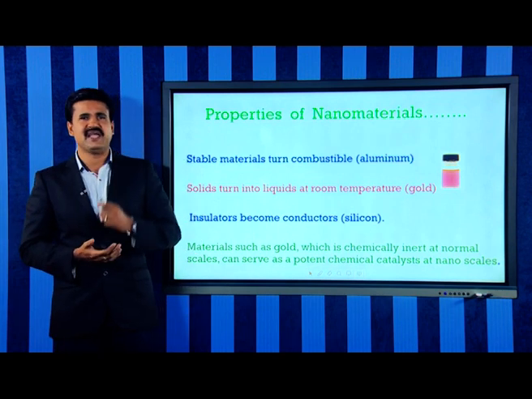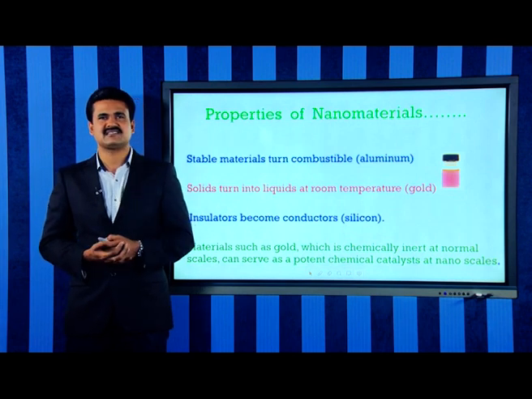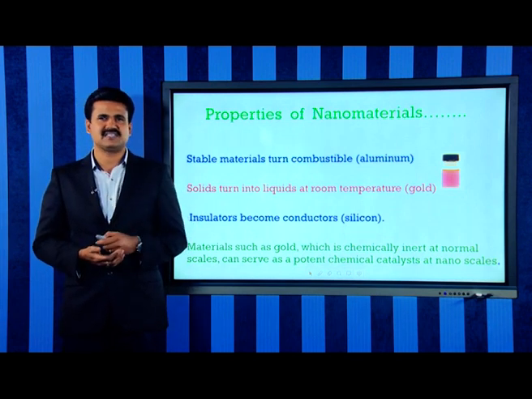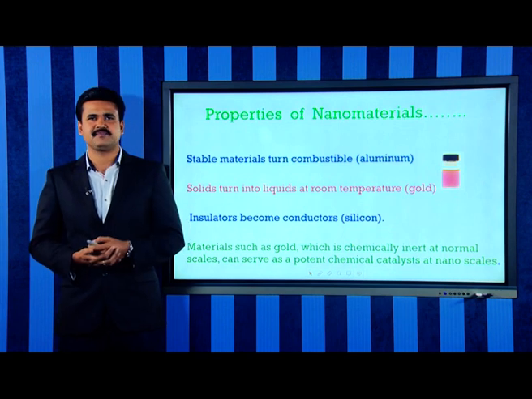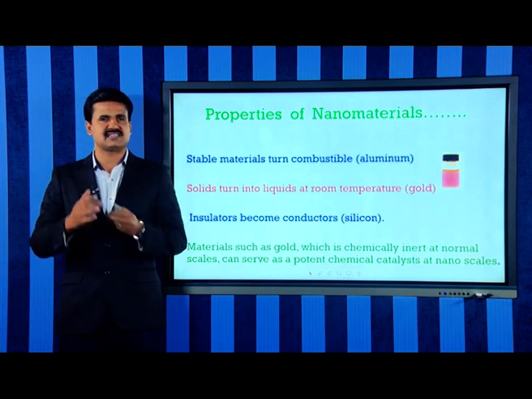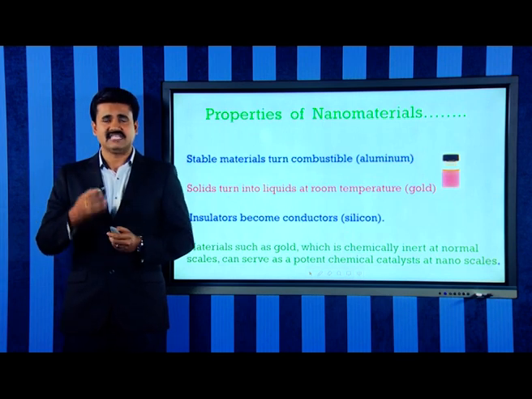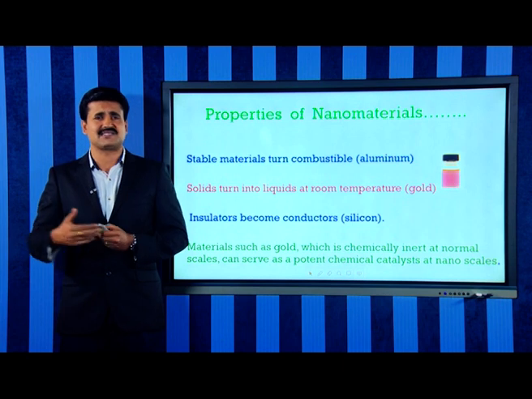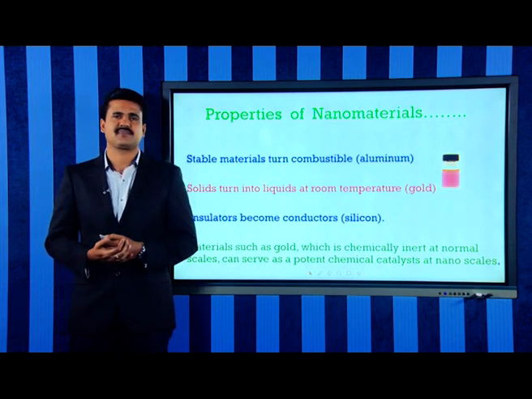Insulators may also become conductors. A nice example is silicon. At low temperature, bulk silicon is practically an insulator. Some semiconducting properties are also there that may correlate to temperature. But when it is converted to nano silicon, that can act as a nice conductor.